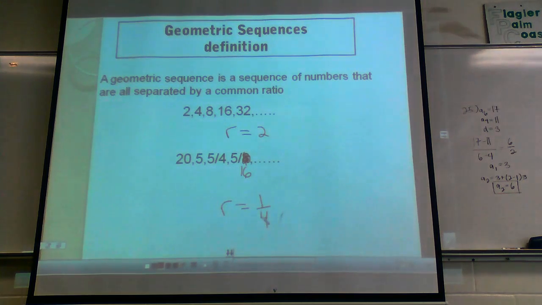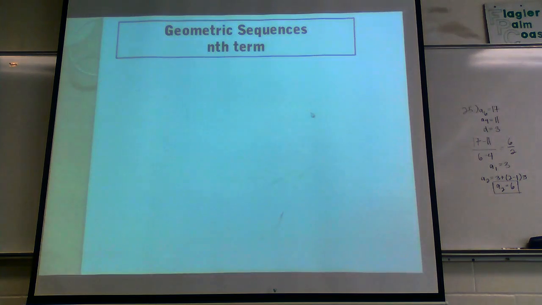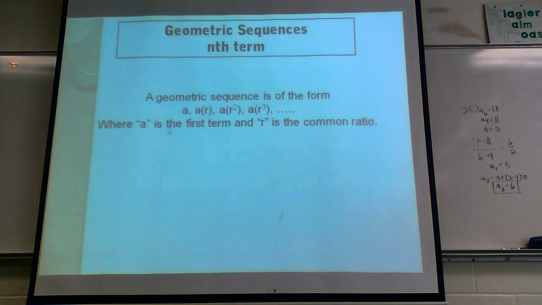Now, if you forgot formulas for these, I would assume you do, since you should have done these in the past. The technical way a geometric sequence goes is in this manner. You take the ratio, whatever the ratio is, and you raise it to a power that's 1 less than whatever term you're on.